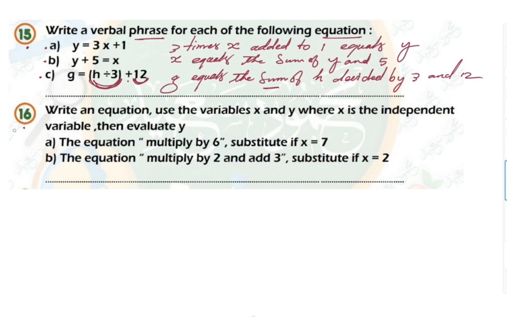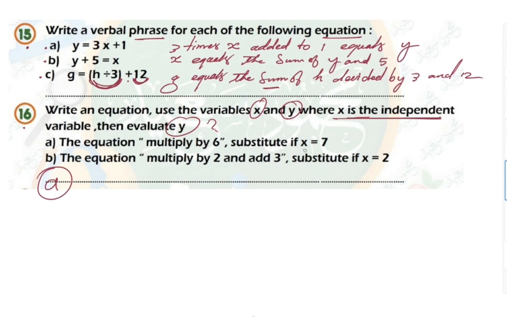Last point of our part, write an equation. Use variables x and y. Which one is the independent? x is the independent, and of course y will be the dependent variable. Then evaluate to find the value of y. So, point A. The equation multiplies by 6.